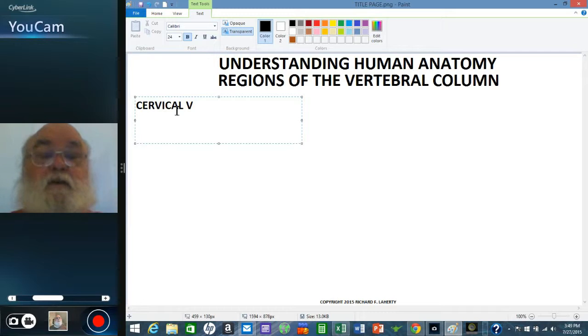In the cervical vertebra, there are 7 vertebrae in this region.